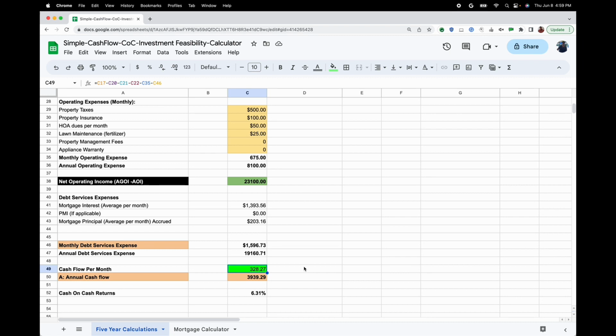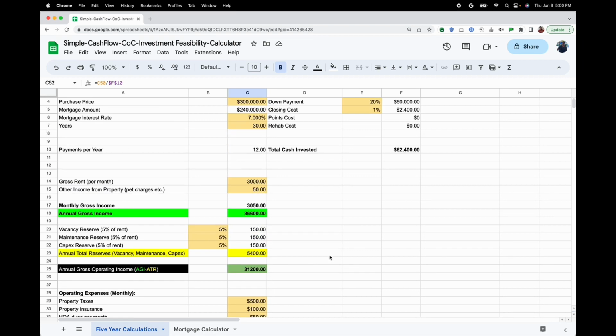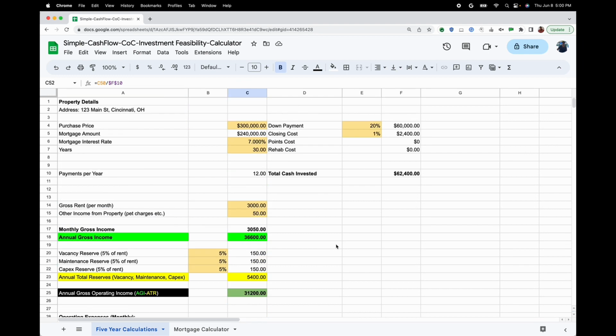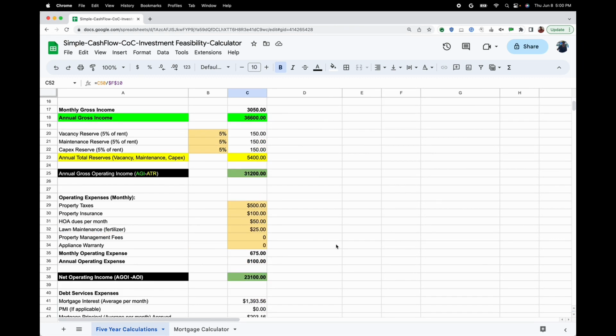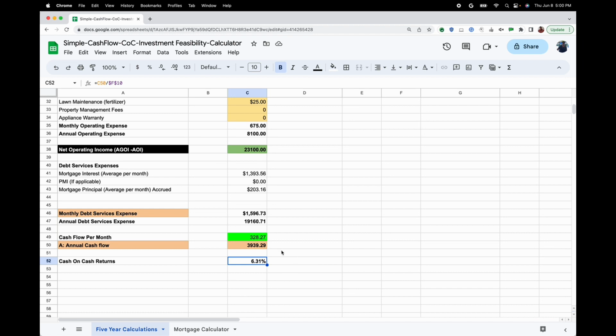And your annual cash flow is $3,939.29, which is basically a 12-month multiplication of your cash flow. And your cash on cash return is now 6.3. It takes your annual cash flow and divides that by the total cash invested, which is $62,400. So this way you can very quickly plug in some numbers and come to a conclusion whether these numbers make sense for you.